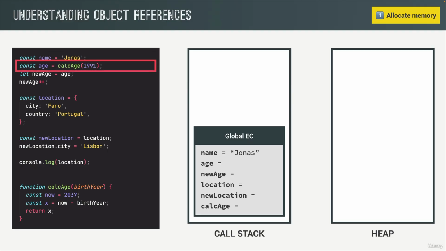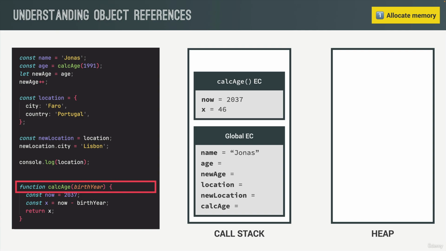Next up, the age is calculated by calling calc_age, which is going to create and place a new execution context on the top of the stack as always. And so now, the values created in this function will be stored in their corresponding execution context. So again, in the call stack, because the variables now and x both contain numbers, and therefore primitive values.